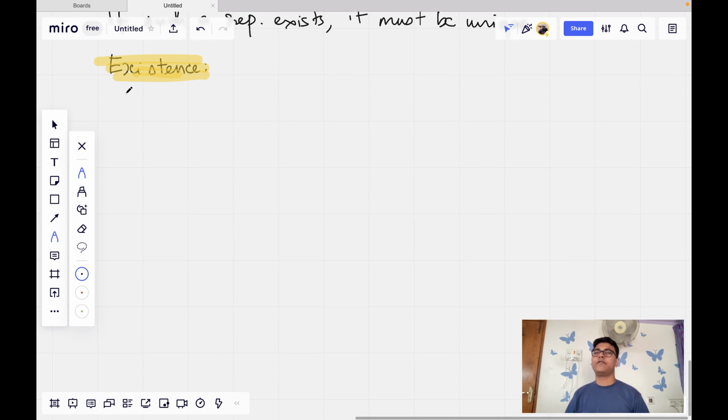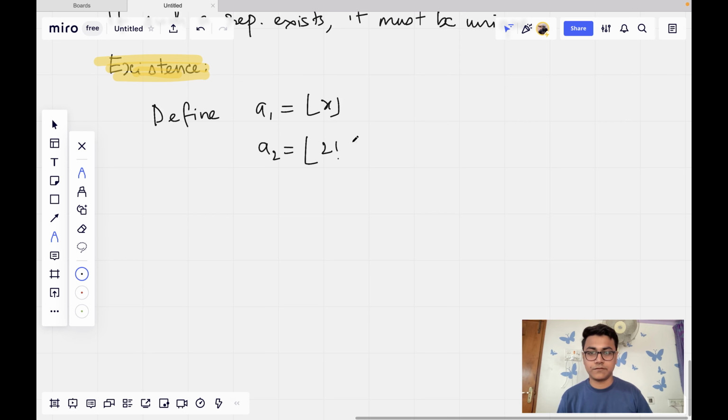To prove the existence, we have to show that these coefficients a1, a2, a3 exist. So we will define a1 as just the box of x, define a2 as the box of 2 factorial times x minus a1, because we have already defined a1. We will use it to get a recursive definition for a2.